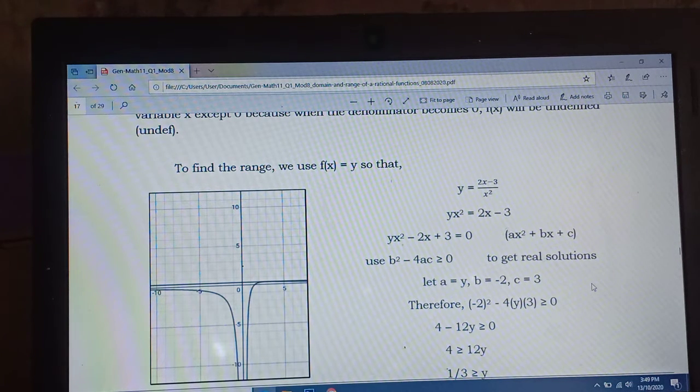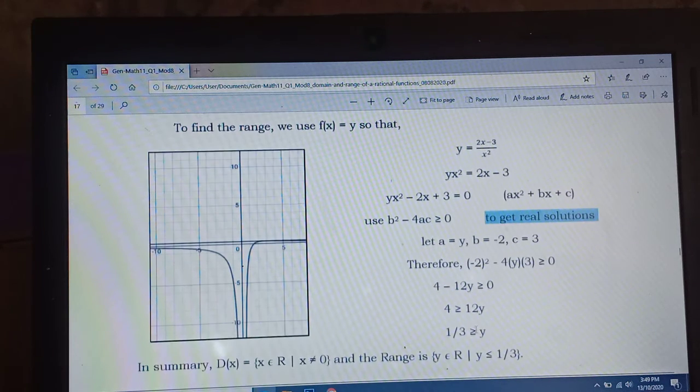Take note, the discriminant should be greater than or equal to 0 to get real solutions, because if you get imaginary solutions, that is the time when the value of the function becomes undefined. So we substitute into b squared minus 4ac: negative 2 squared is 4, minus 4 times y times 3 is 12y, so 4 minus 12y.